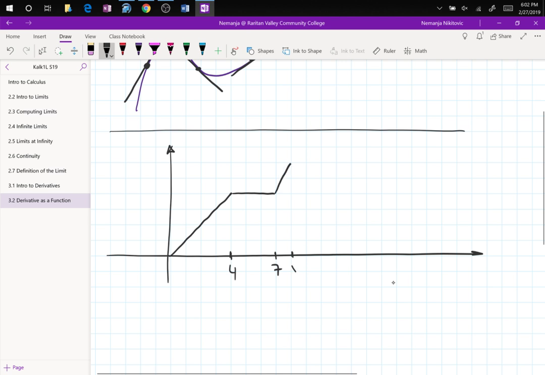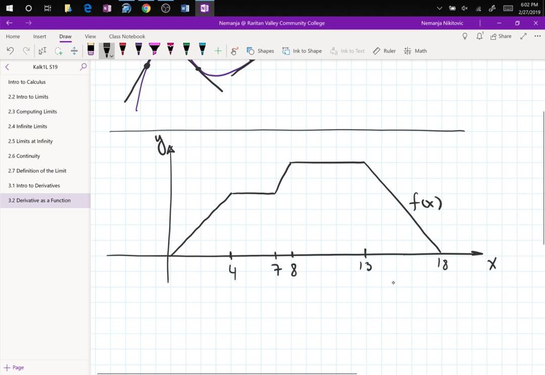Then we go 1 unit, up 2 units. Go flat 1, 2, 3, 4, 5 units up to 13. And then drop down 1, 2, 3, 4, 5, so to 18, and this black function is our f of x.